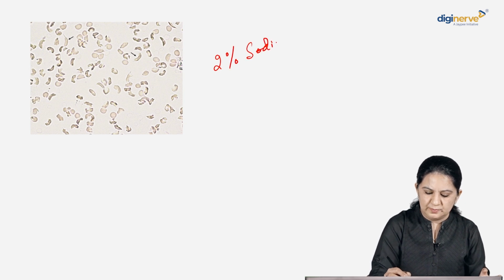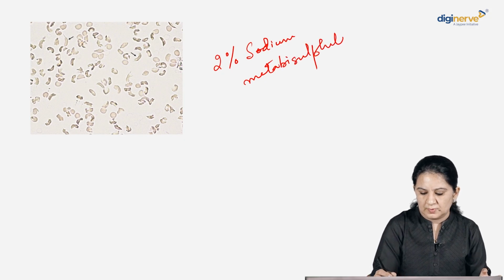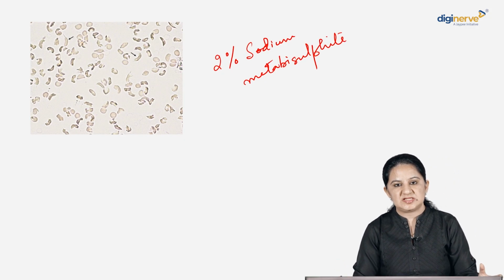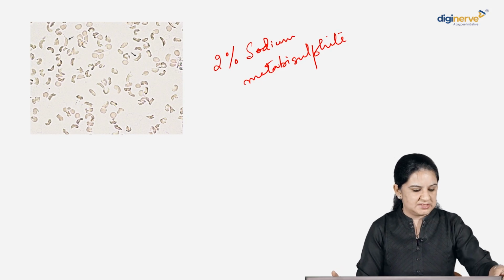The sickling can also be done with the help of a chemical. An important question: adding 2% sodium metabisulfite can result in sickling of these cells.